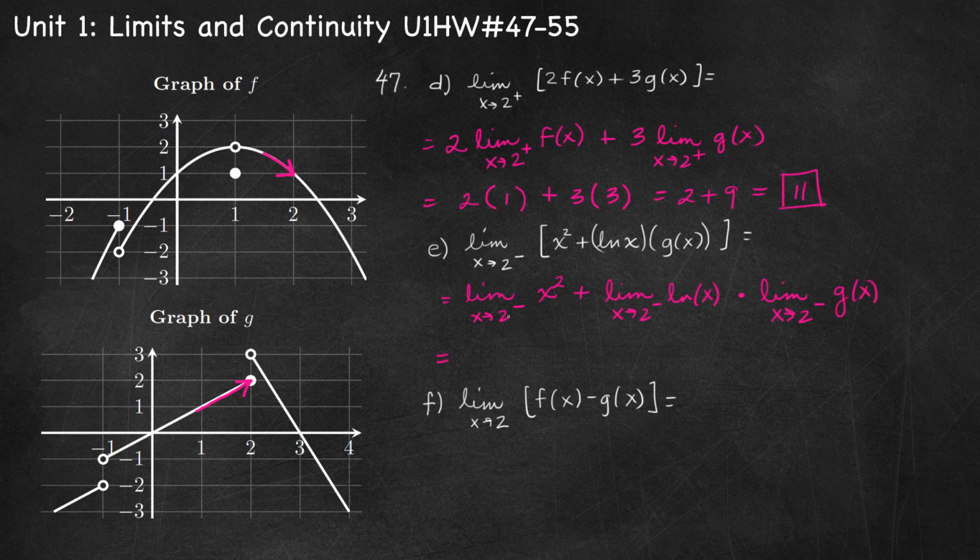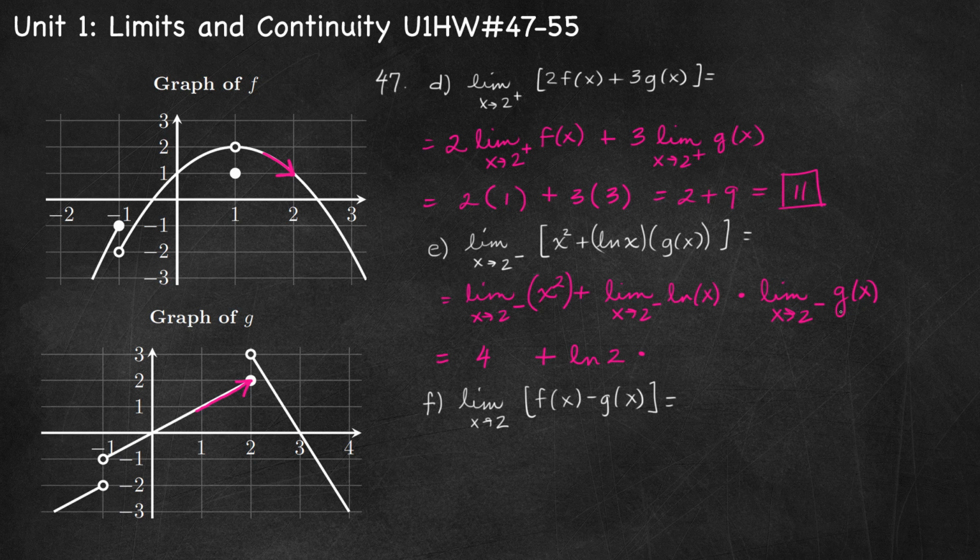Now the limit as x approaches 2 from the left of x squared, we're going to use substitution to evaluate this limit. This is not one of the graphs that we have, so we're just going to use substitution. When I substitute 2 in, I get 2 squared, or 4. And then for natural log of x, I'm also going to find this limit using substitution. When I substitute 2 in for x, I get natural log of 2 times, and for g of x, we will have to refer to our graph.